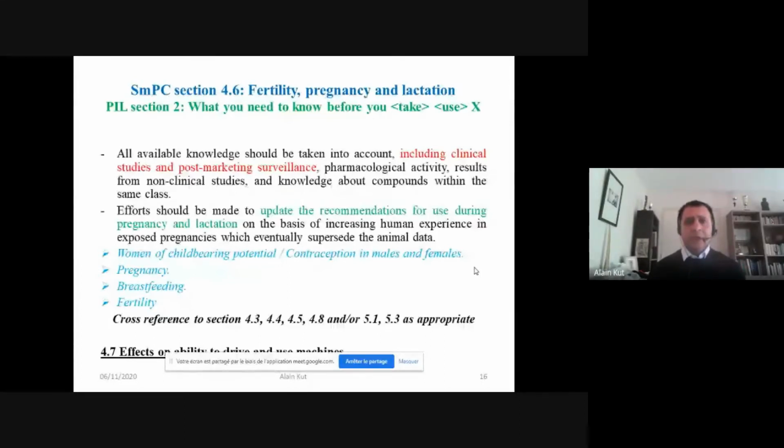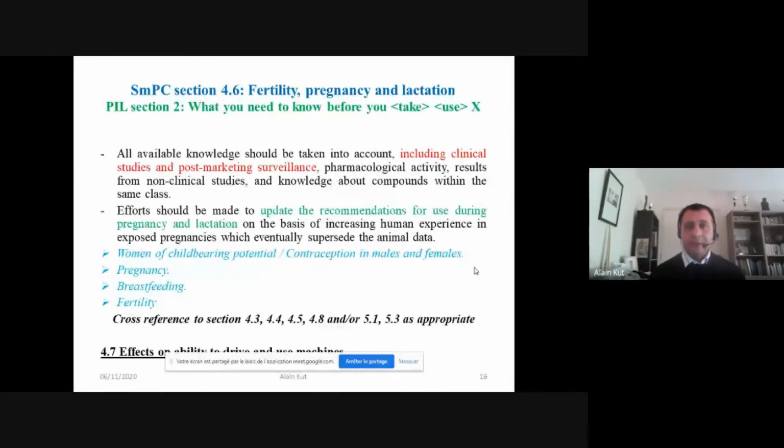And now, as everybody knows, within pharmaceutical companies we have the so-called pregnancy registry to follow up all pregnancy situations until the outcome of the pregnancy, whether it's accompanied with the occurrence of adverse reaction or not.